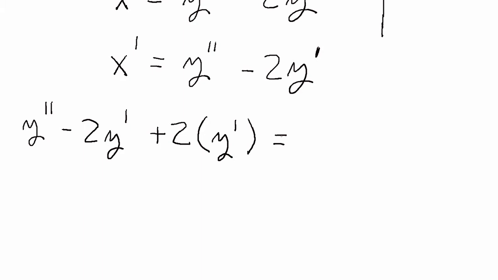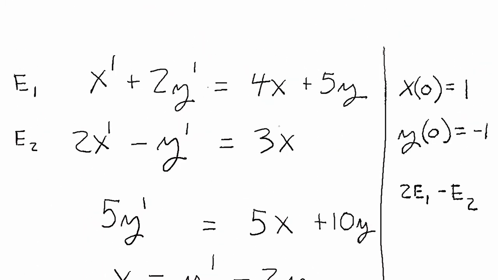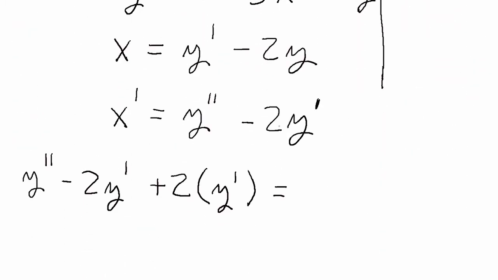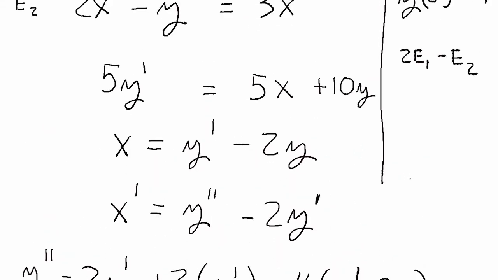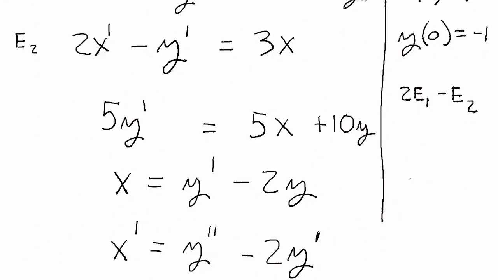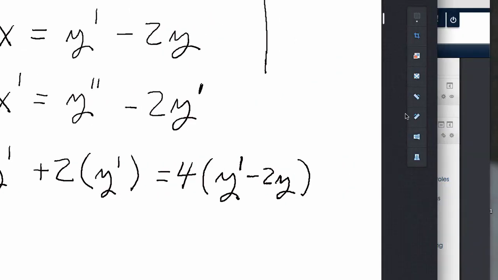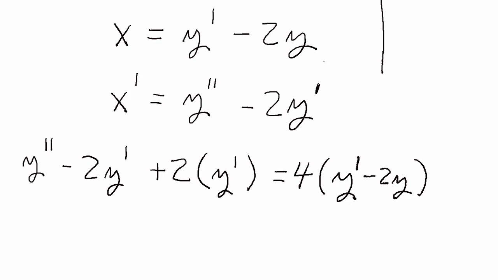That must be equal to 4 times x, which we think of as y prime minus 2y, and then we would like to add 5y. Sorry about that.